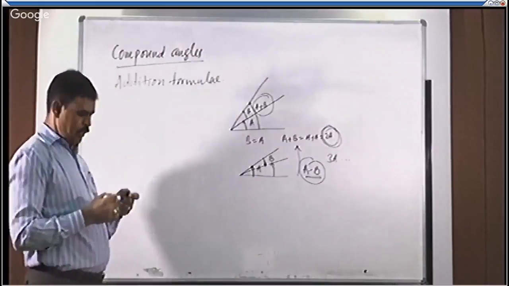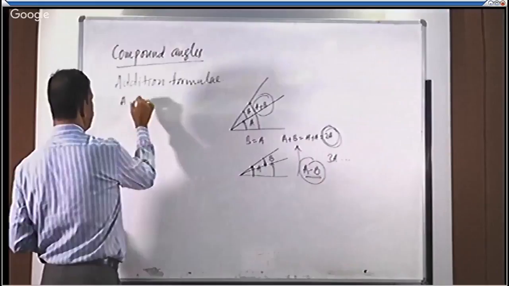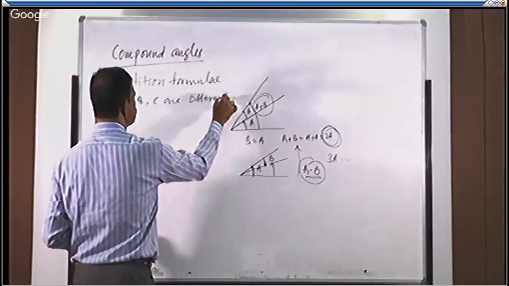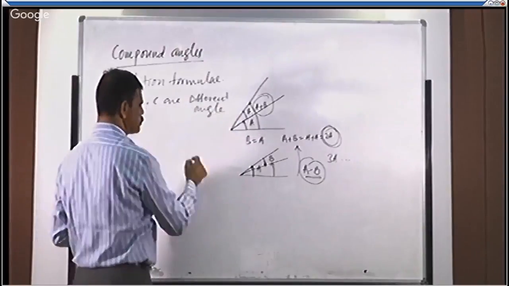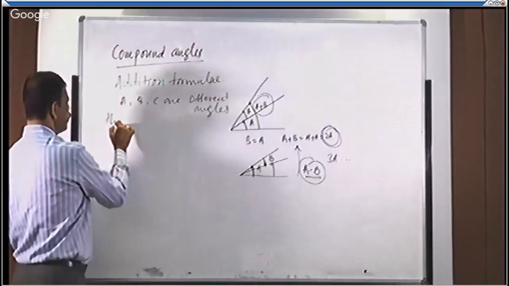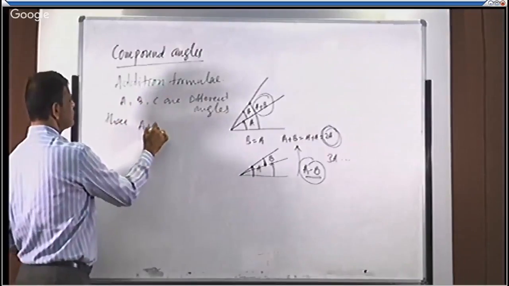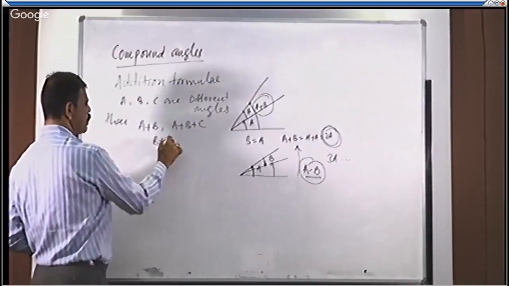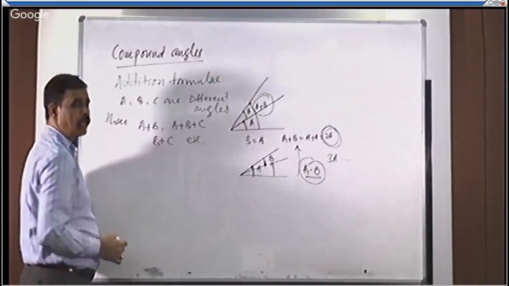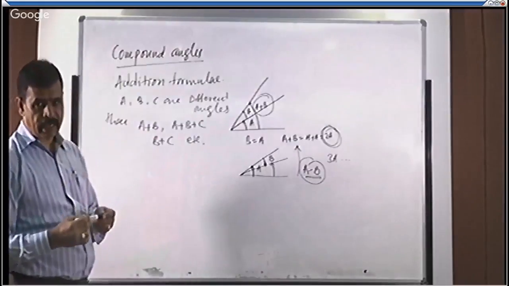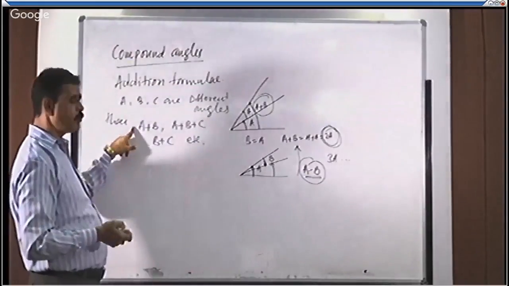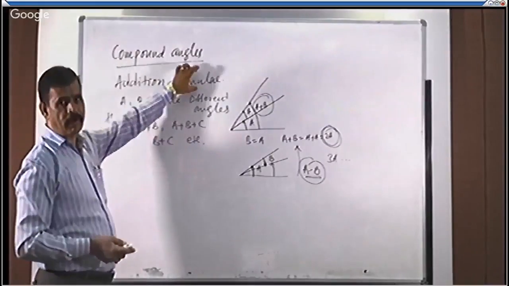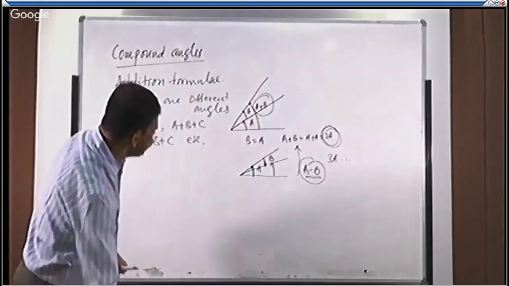Suppose A, B, C are different angles, then A plus B, A plus B plus C, B plus C, etc., are all said to be addition angles. Suppose I take sine of A plus B, cos of A plus B, tan of A plus B, that will be called addition formulae, right? Very important thing.